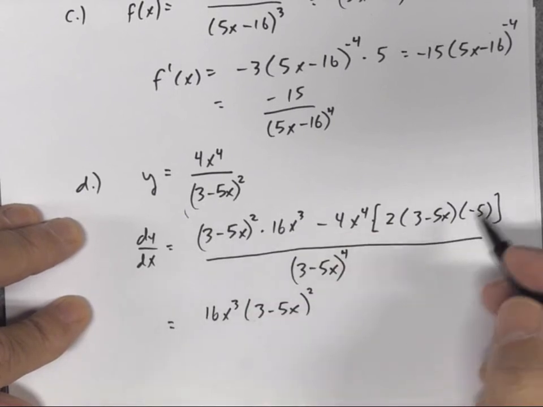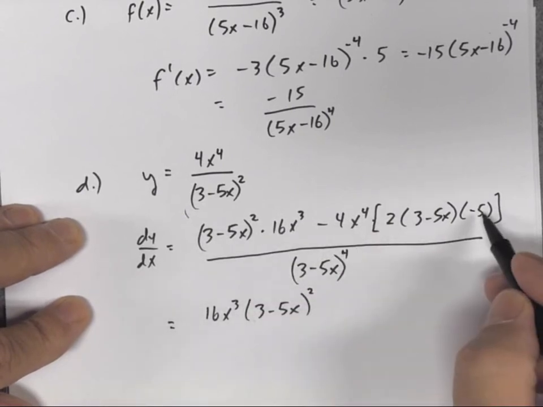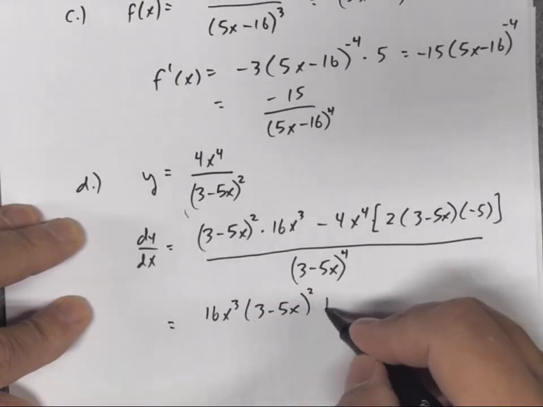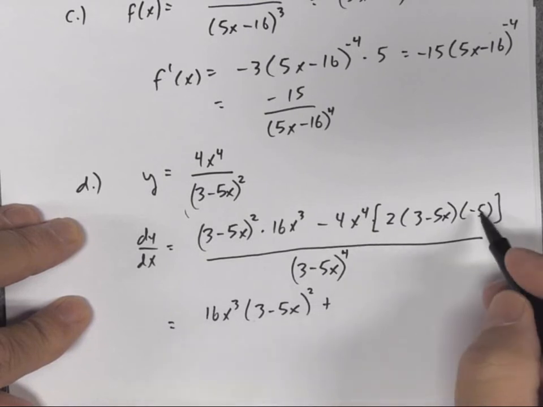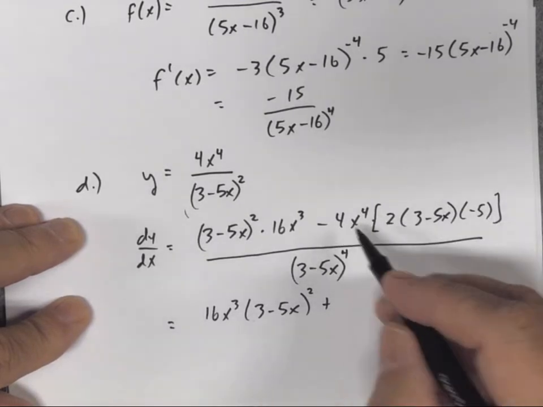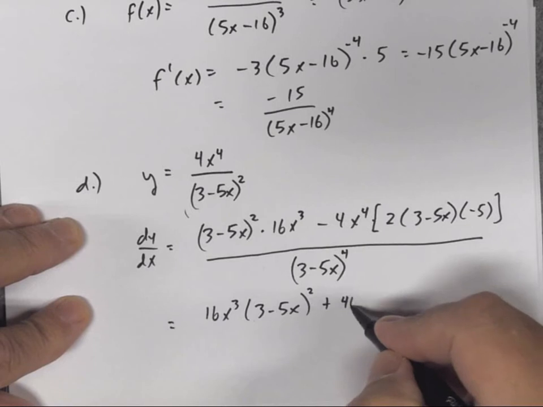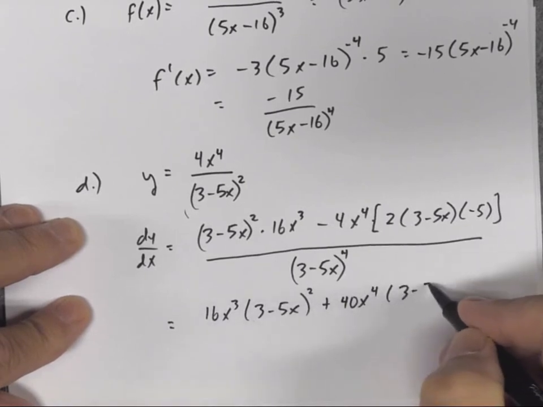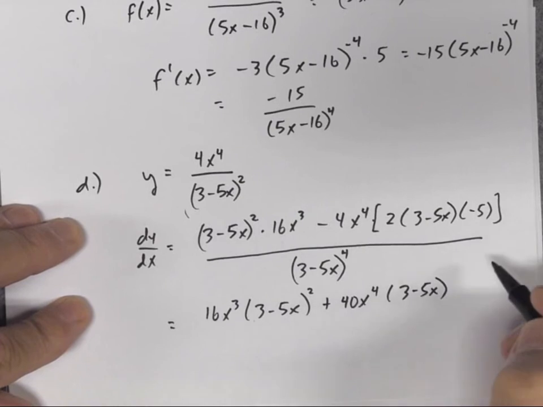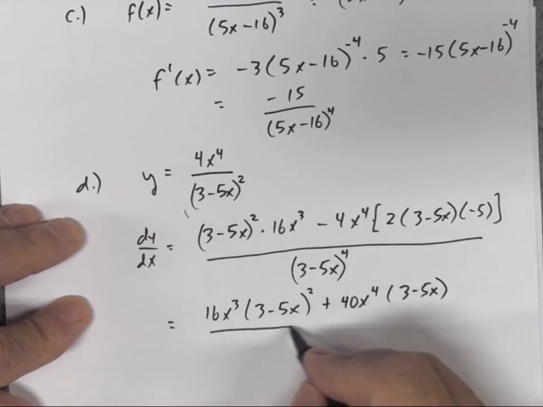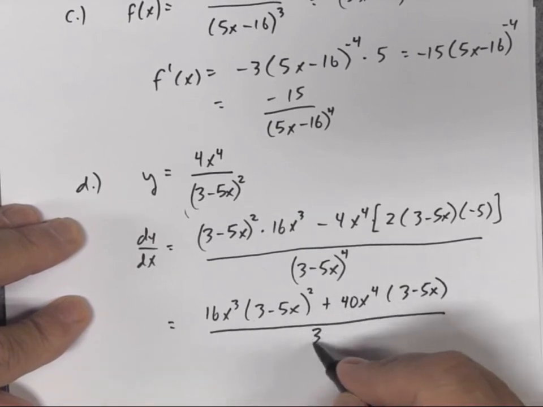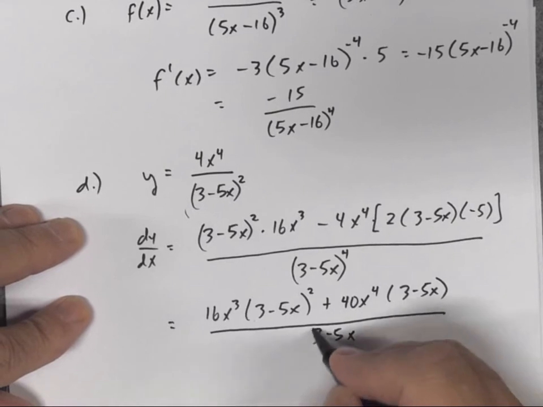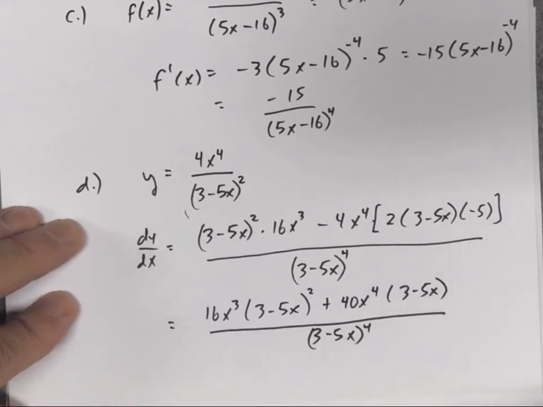There's the first term. This one I'm subtracting, but I got a minus 5 here, so I think it ends up being positive. I got a 5 times 2, which is 10, times 4, which is 40. Hope I'm not making any math errors. And all over 3 minus 5x raised to the 4th.